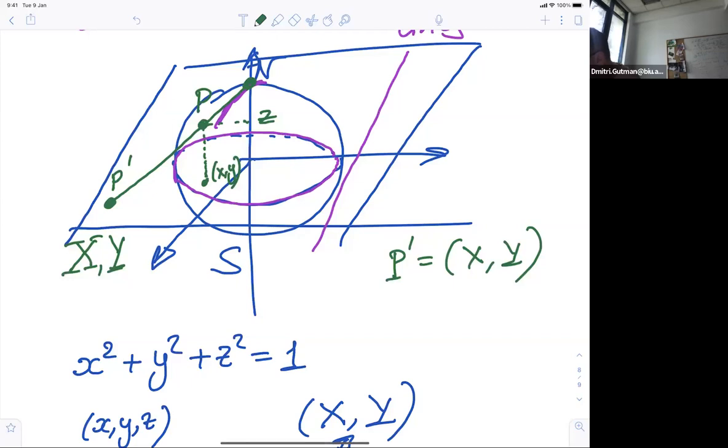To see that, we need to draw the following triangle. From this construction, you see that both coordinates x and y, small x and small y, scale the same.